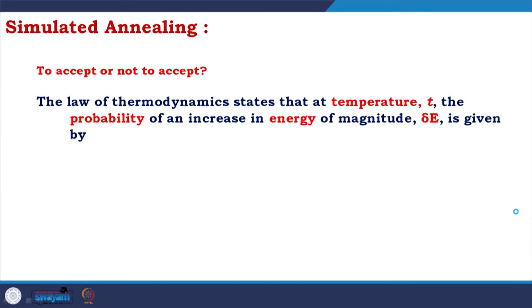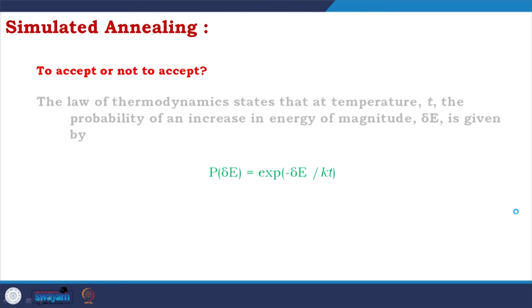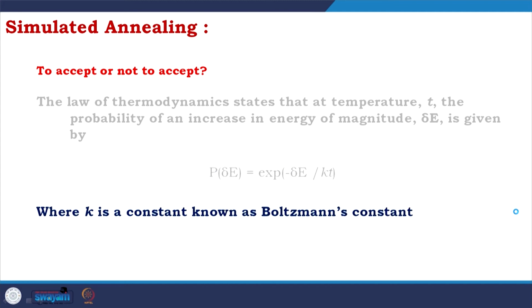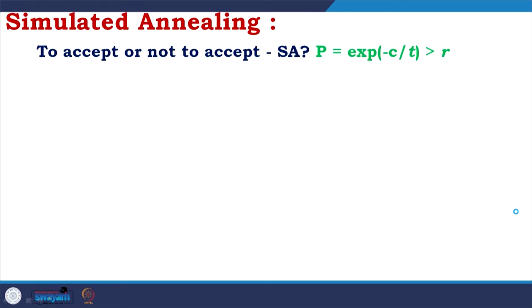The law of thermodynamics states that at temperature T, the probability of an increase in energy of magnitude delta E is given by P(delta E) equal to exponential of minus delta E by kT, where k is a constant known as the Boltzmann constant.